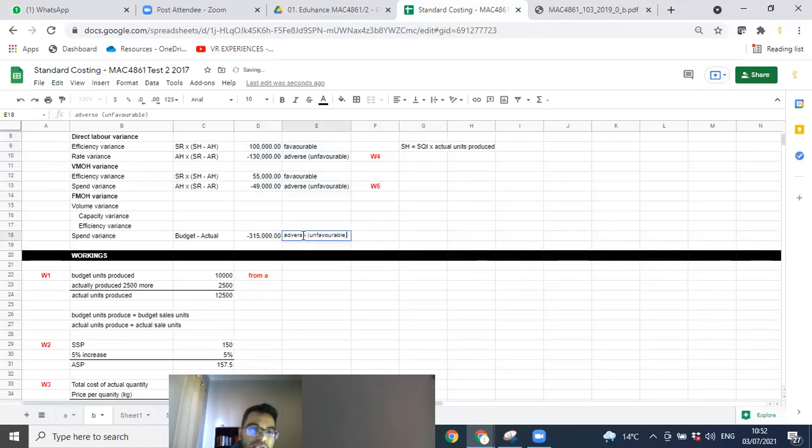Okay. I just want to check on volume variance and capacity. If you have any questions, let me know. Do you have any questions? I just want to check the textbook quickly to do capacity and efficiency variance for volume variance. I cannot remember. Are there any questions from your side? Ashita, Lerato, Nasreen? No, fine, thank you.